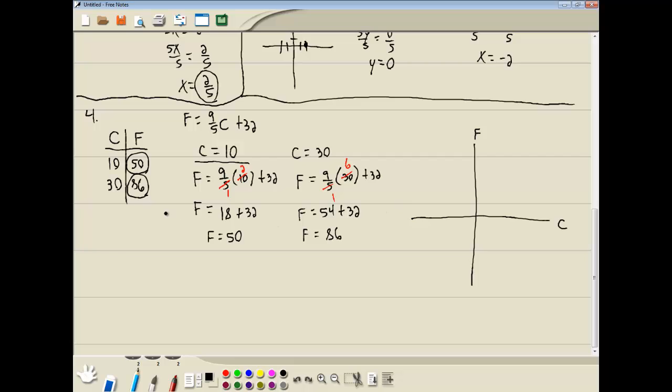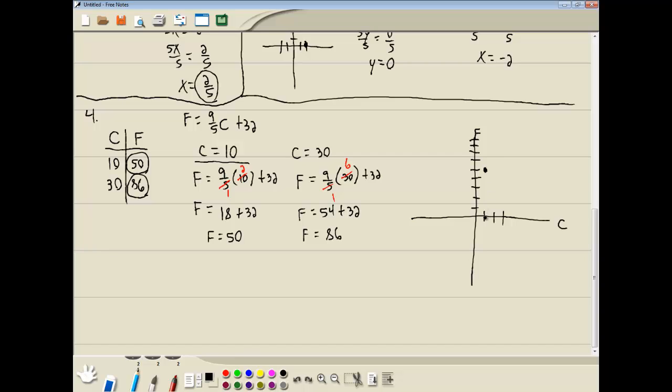Okay, and it looks like C's go up to 30 and F's go up to 90, let's say. That's 86. So this is 10, 20, 30, 40, 50, 60, 70, 80, 90. And then my C's is 10, 20, and 30. So the first one is 10, 50.